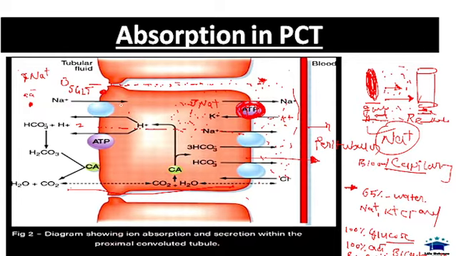For example, SGLT moves glucose together with 2 sodium ions. If we want to transfer glucose into the cell, there is sodium with it, and this is the co-transporter.